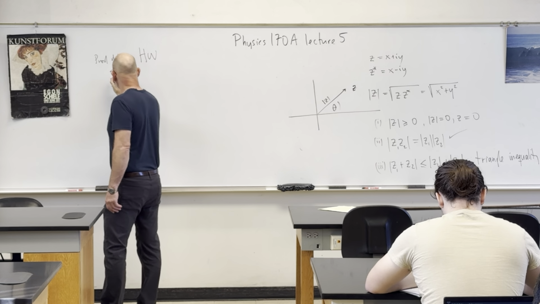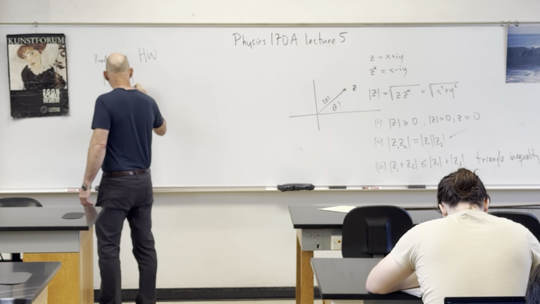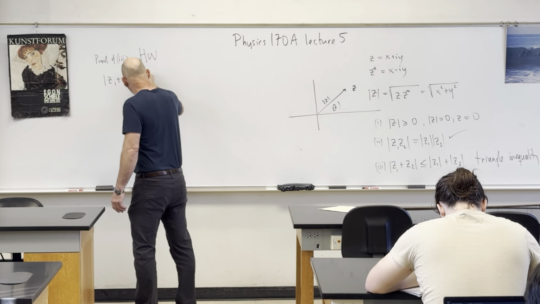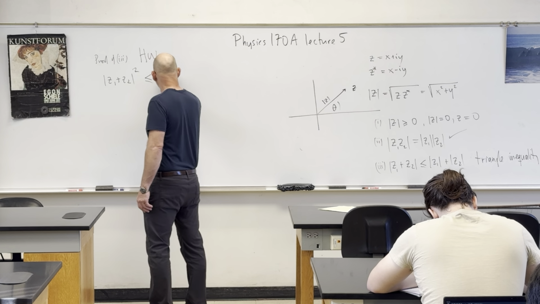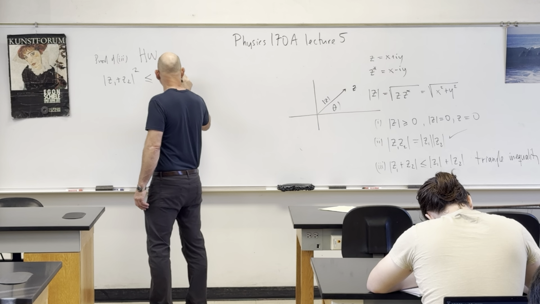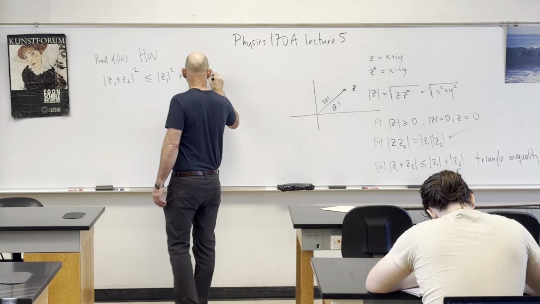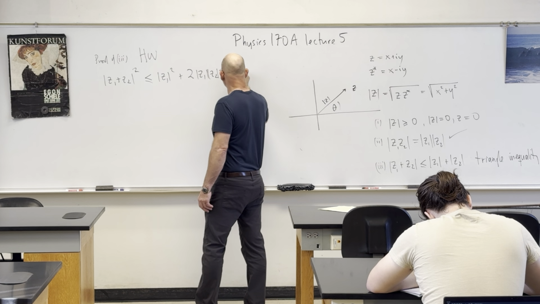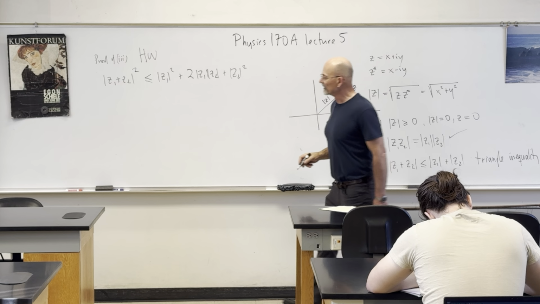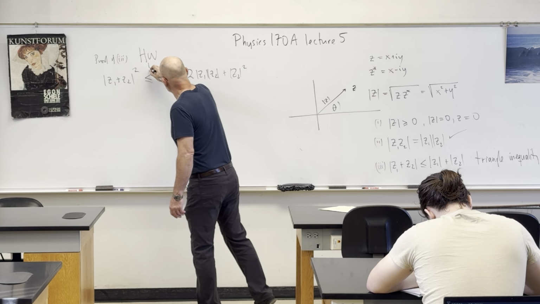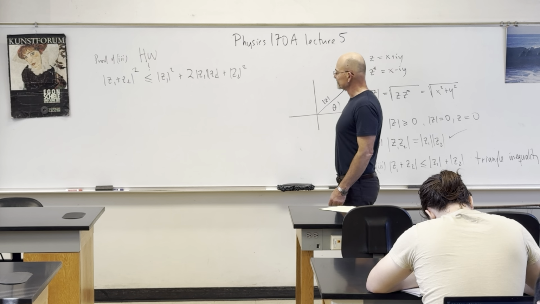The first thing: |z1 + z2| squared is going to be less than or equal to |z1| squared plus 2|z1||z2| plus |z2| squared. So we have to show this. That'll be equivalent to the one that's on the board there.